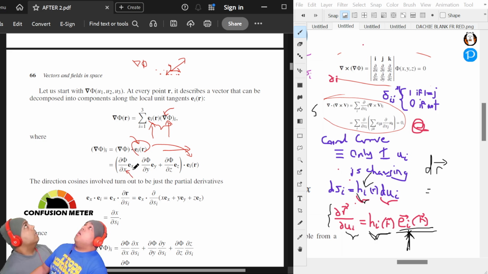Why are we in x's? e_i. The direction, yeah, direction cosines is what I was thinking of.